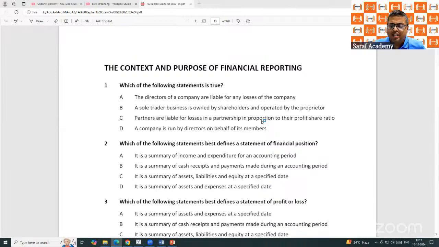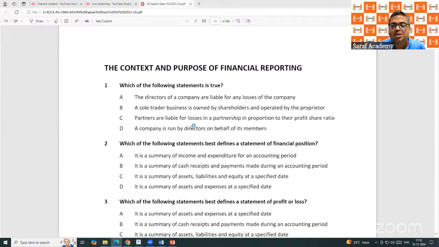Shareholders appoint the directors for running the company. Suppose in your father's company, your father is a director, then we say that your father is running the company, not those who are working under your father. Those working under your father do not have control over the affairs of the company, only your father, if he is a director. If he is not a director, he cannot control the business of the company. He is basically working on the instructions of the directors.